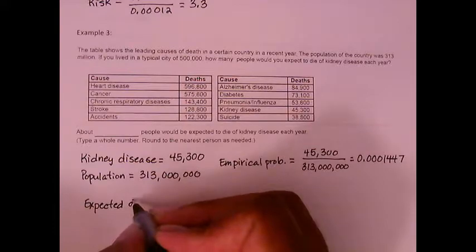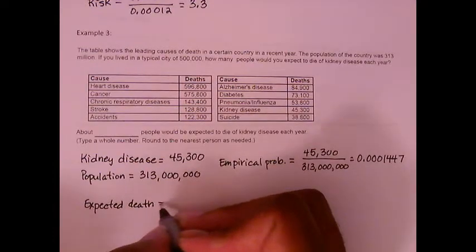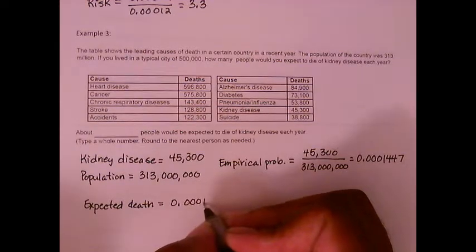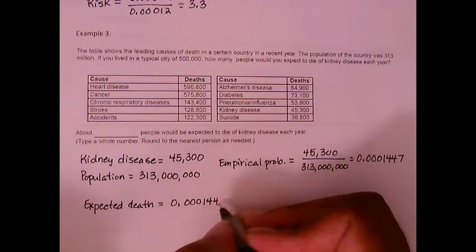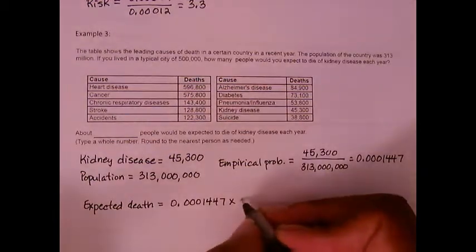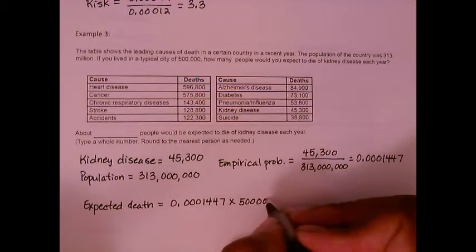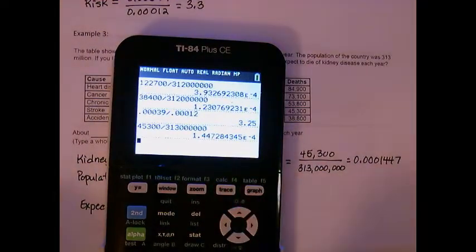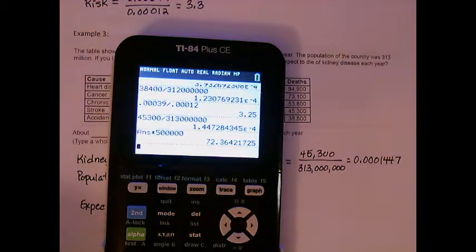So we're going to say the expected death from kidney disease. We're going to take that 0.000147 and multiply that by 500,000. In fact, you can use that whole thing right there and just say times 500,000. If I round to the nearest person, we're going to have to round up.